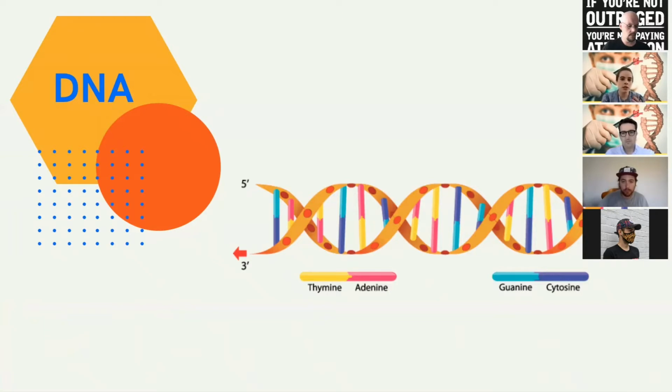And as you can see from the double-stranded helix here, it creates this ladder-like structure. And that ladder is made up of 4 different base pairs or nucleotides, which you can see here are the yellow and pink, and then the 2 blue pairs.